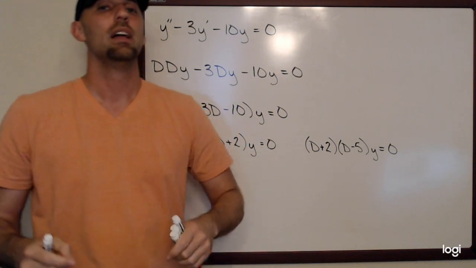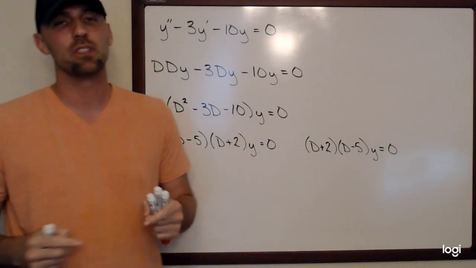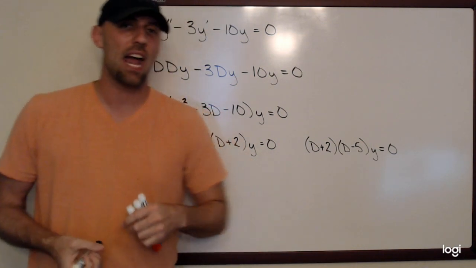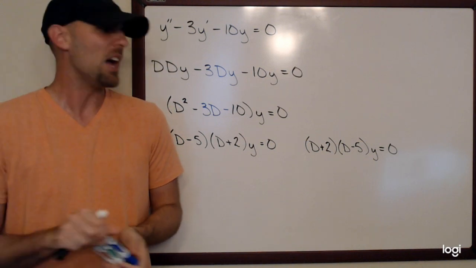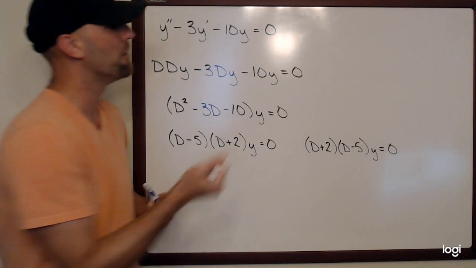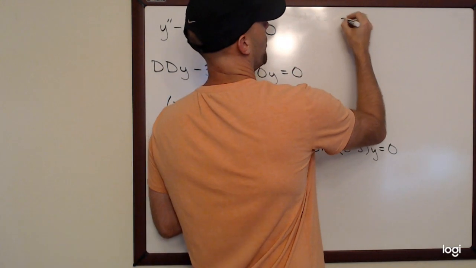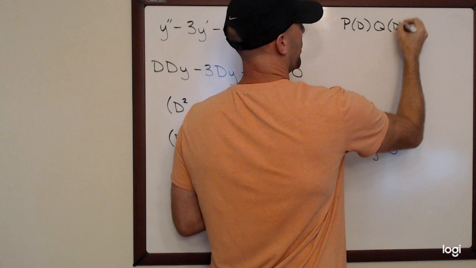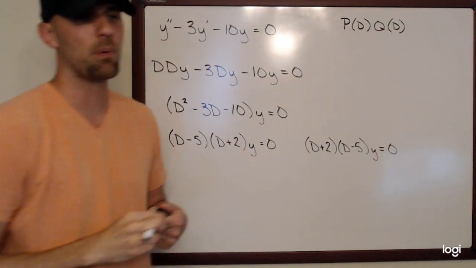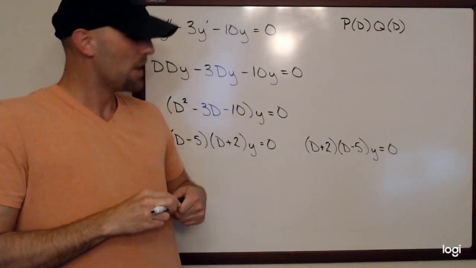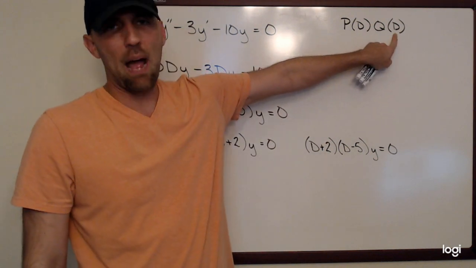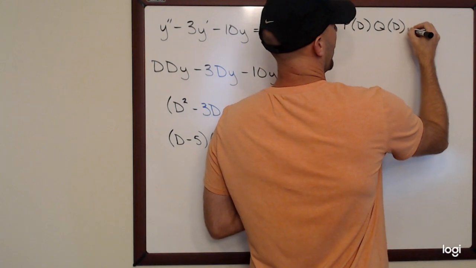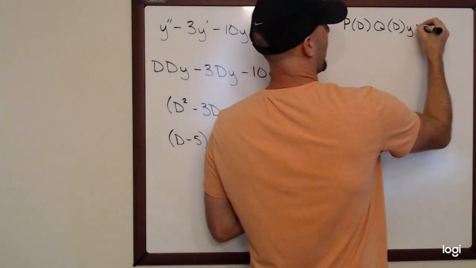But in this particular case, polynomial differential operators are commutative. This is not actually that hard to prove either. Okay? If you consider the fact that if I have, let's say, some polynomial in D, and I have some other polynomial in D, again, these are just arbitrarily long polynomials. This is just a sequence of powers of D with some scalar coefficients, which are being applied to some function y.